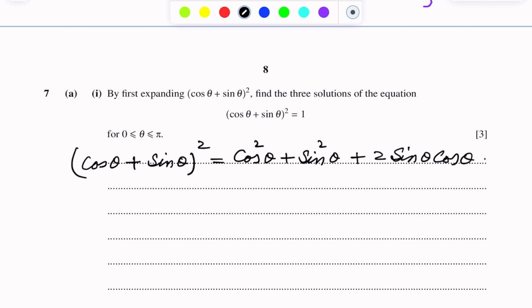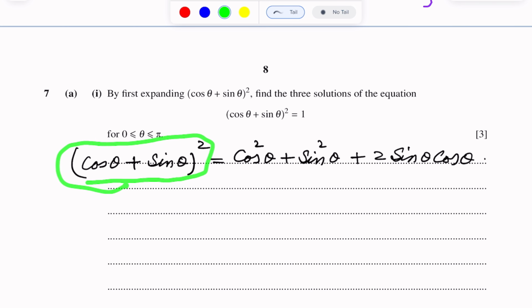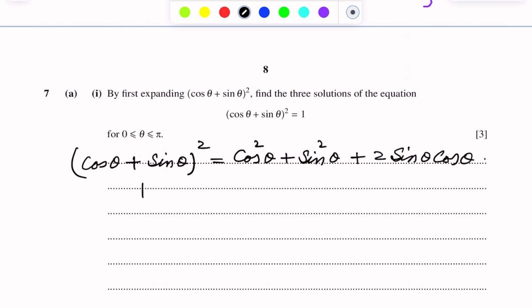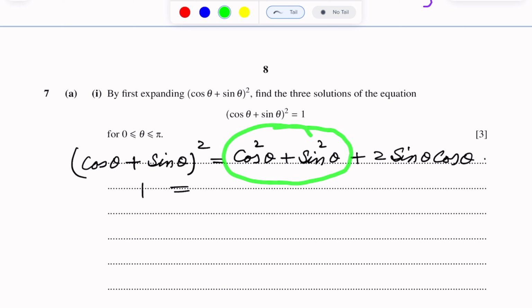We know that this is given, that (cos theta plus sin theta) whole square is equal to 1. So we can put 1 in place of it. But on the right hand side also there is cos square plus sin square, that is equal to 1. This is identity.